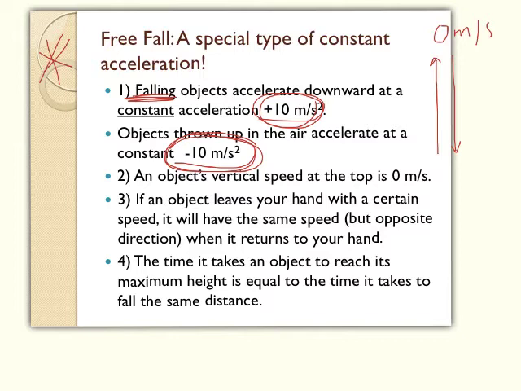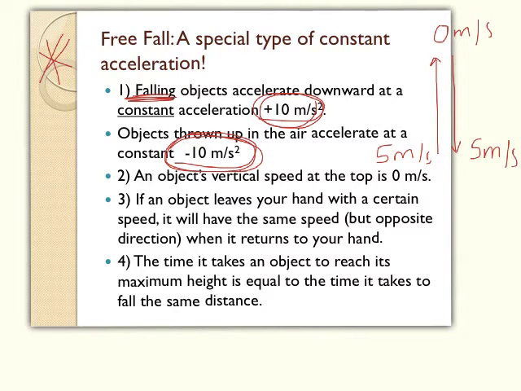Then part 3: say you toss a ball from your hand and it leaves your hand with a velocity of 5 meters per second. If you catch the ball and your hand hasn't moved any, when it returns to the height that it left from, that's also going to be 5 meters per second.